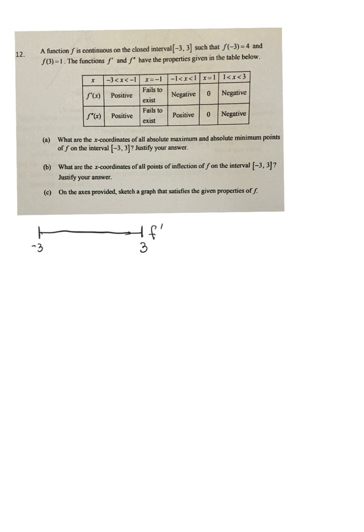So I made a sign chart and I just use these endpoints. Okay, now I'm going to read from left to right because I'm doing a sign chart for the derivative. So between -3 and -1, it's positive. And then it says at x equals -1, it fails to exist.